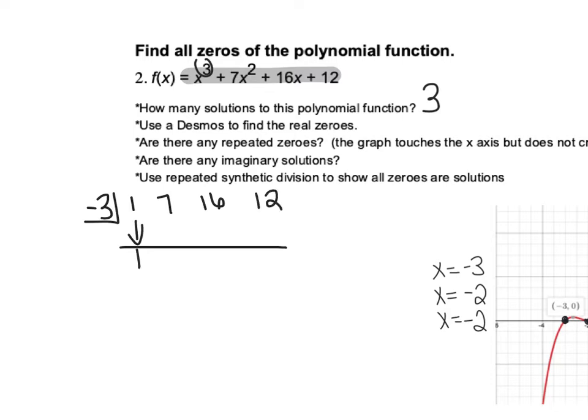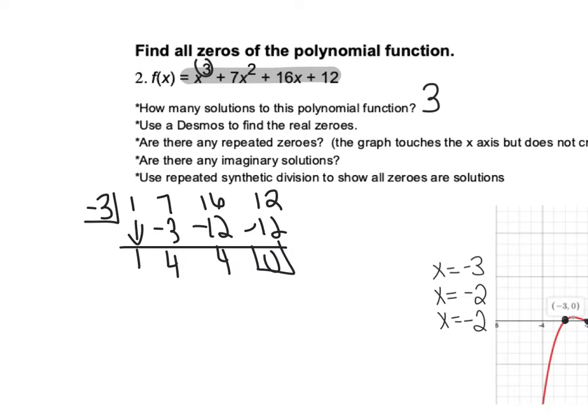Bring down our 1. 1 times -3 is -3. We get -12, -12, and we get a remainder of 0, okay? What we are left with is 1, 4, 4, okay?